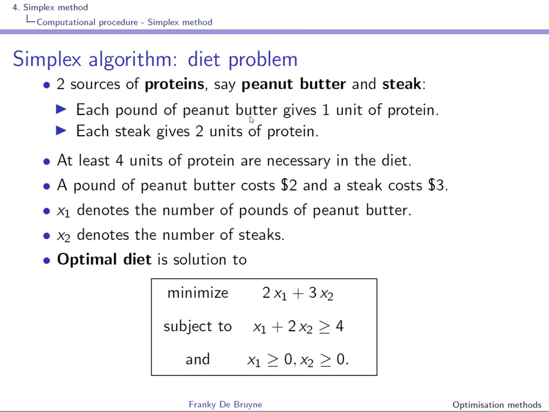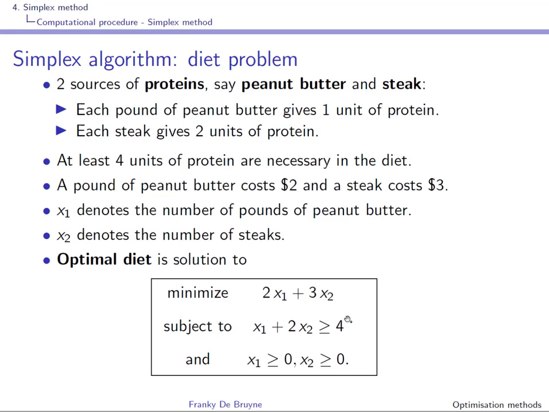Well, let us come back to our diet problem, our diet of peanut butter and steak. So we need to determine x1, the number of pounds of peanut butter, and x2, the number of steaks. Of course, this is a minimization problem because we want to minimize the associated costs. But at the same time, we have to make sure that our supply of proteins is high enough.